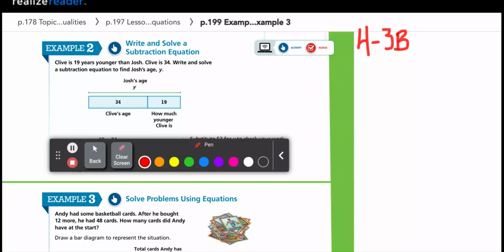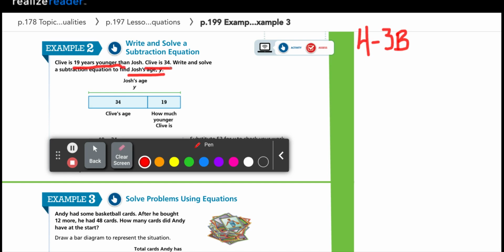So we know Josh's age is just the letter Y. We don't actually know a number for Y yet, but that's what we're going to be solving. So Josh's age is going to be the largest amount here because Clive is 19 years younger than Josh. And they tell us that Clive is 34.